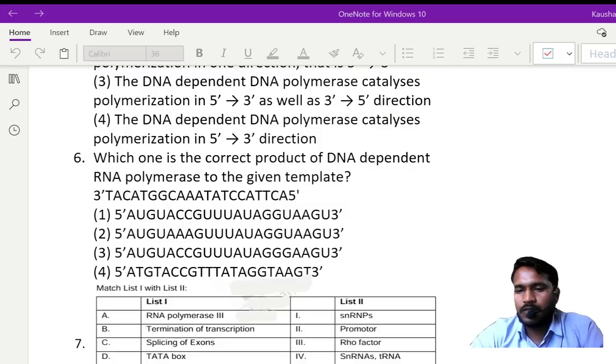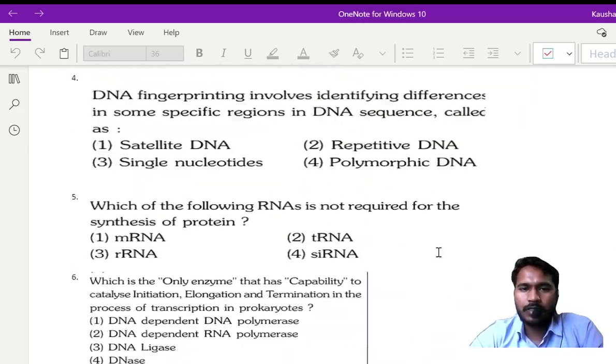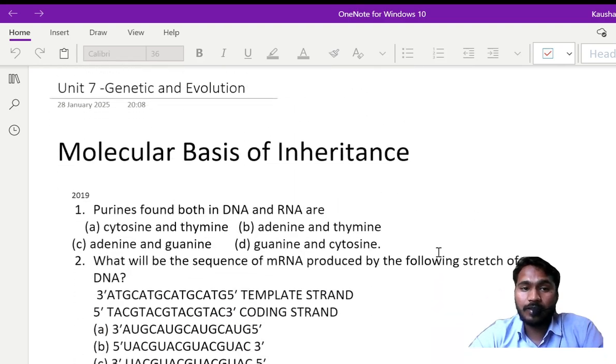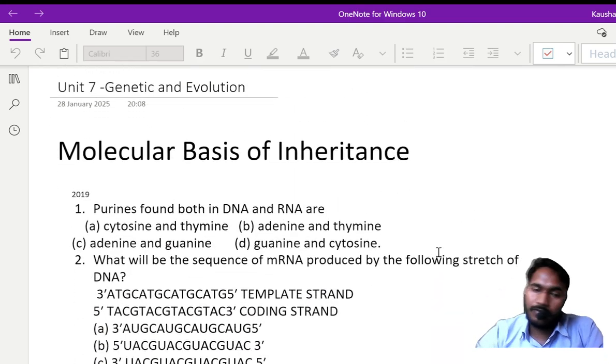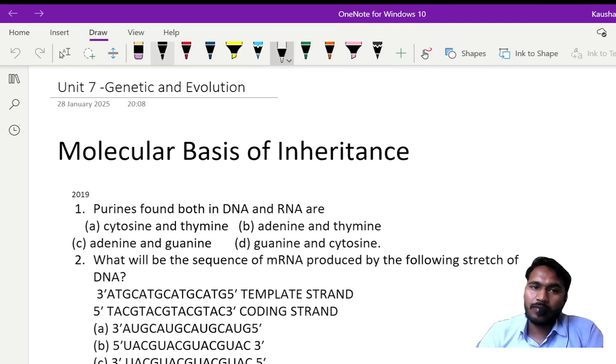And today's lecture is about the molecular basis of inheritance PYQs, and this is a very important topic. Why? Every year, the minimum number of questions from this topic will be six, and the maximum can be eight. On average 6 to 8 questions will be asked, but definitely six questions are going to come from this chapter.